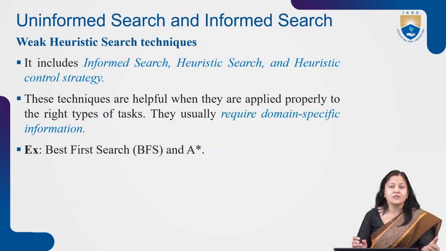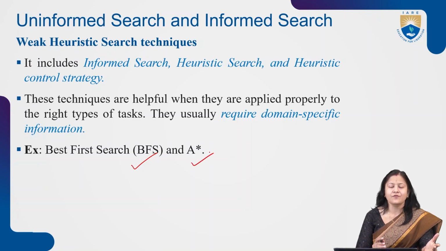Whereas the weak heuristic search techniques include the informed search, which is also called heuristic search and heuristic control strategies. These techniques are helpful when they are applied properly to the right type of task. They usually require domain-specific information. Examples are best first search and A star.